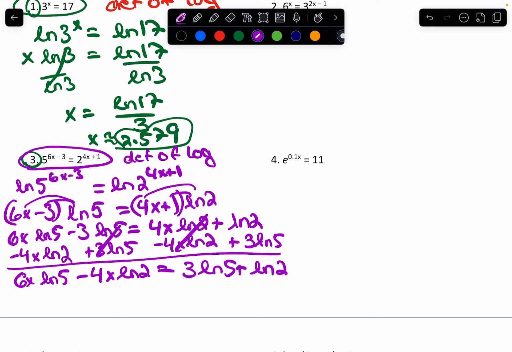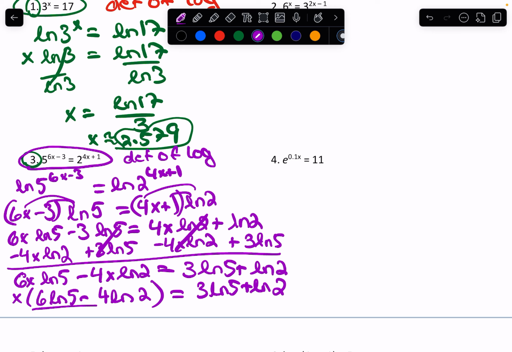What we're going to do here is take x as the common factor. So 6 natural log of 5 is left, and then 4 natural log of 2. And on this side, we're not making any changes right now. We're going to divide by 6 natural log of 5 minus 4 natural log of 2 to cancel these.